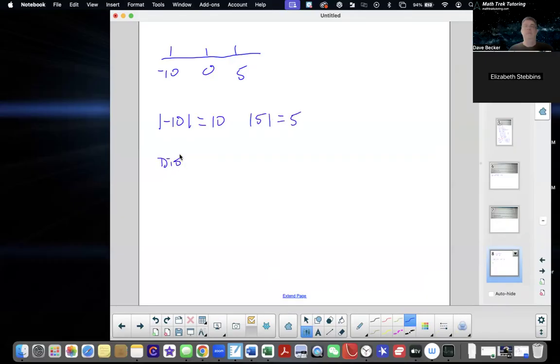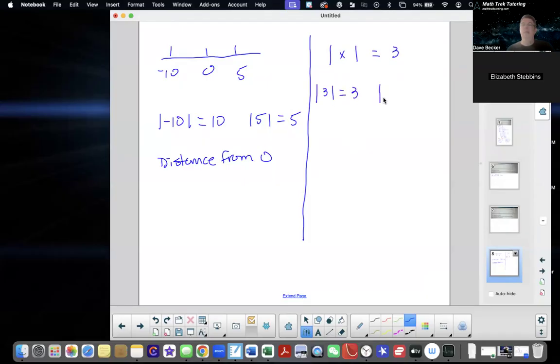Distance from 0. So if I have something like the absolute value of x is equal to 3, well, the absolute value of 3 equals 3, and the absolute value of -3 also equals 3, right? Meaning x could equal 3 or x could equal -3.